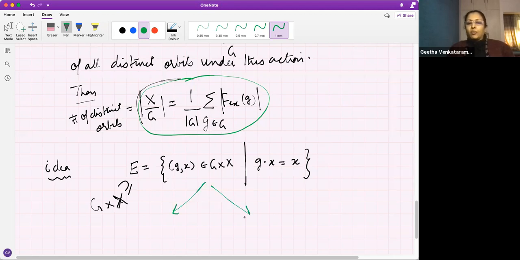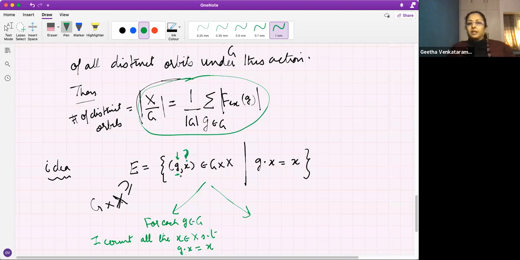What do I mean by two different ways? I want to know which are all the ordered pairs which are going to sit in E. So what I can do is, for each g in G, I count all the x's in X such that g dot x is equal to x. In the first approach, we fix the first coordinate and then count how many second coordinates we can have for that g.